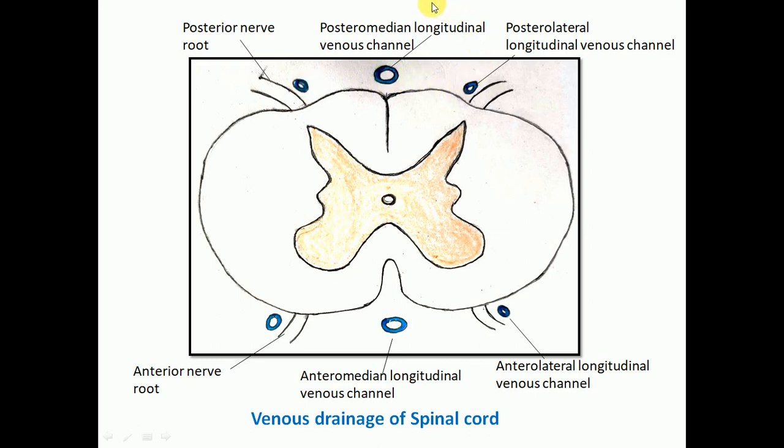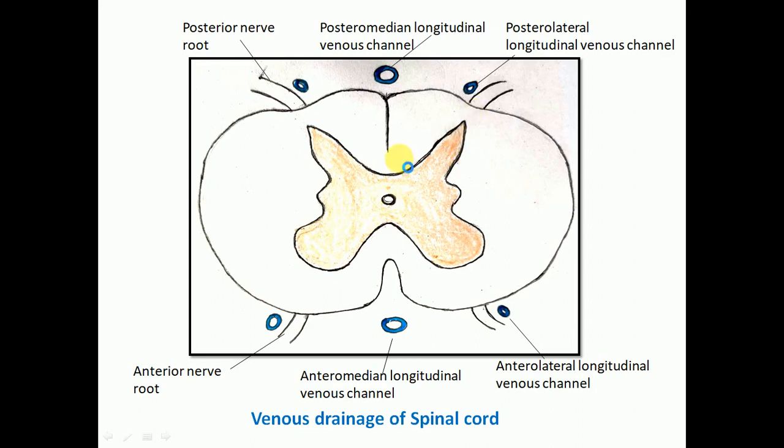Now this venous channel communicates with the internal vertebral venous plexus, and from this vein blood is drained and finally passes through the intervertebral foramina, and they receive the blood from another 4 sets of veins.